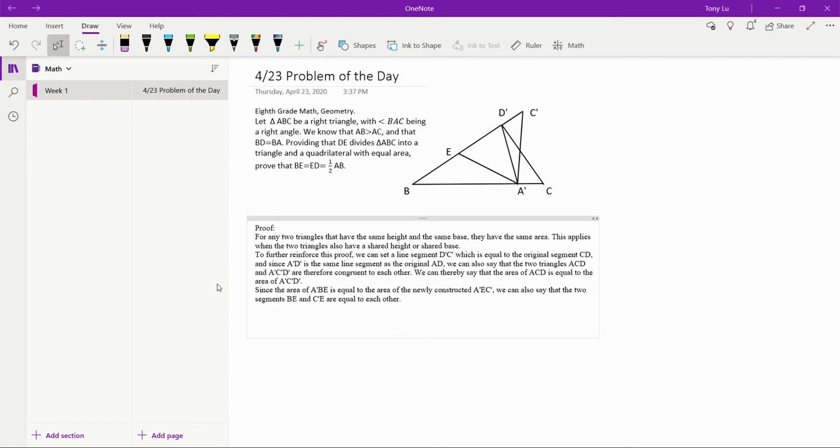Now it becomes a lot more straightforward because we know the equality between these. However, as you might remember, we're talking about right triangles here. We can form a right angle here too.